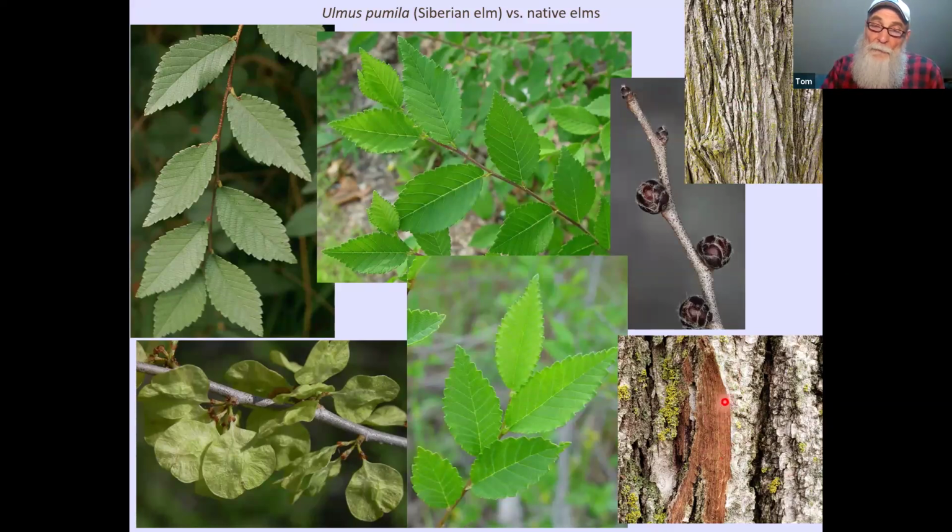And in Siberian elm, which is what this is again, it looks a lot like black walnut, basically, a very deep brownish red color all throughout this area here, all throughout the bark tissue, cork tissue.